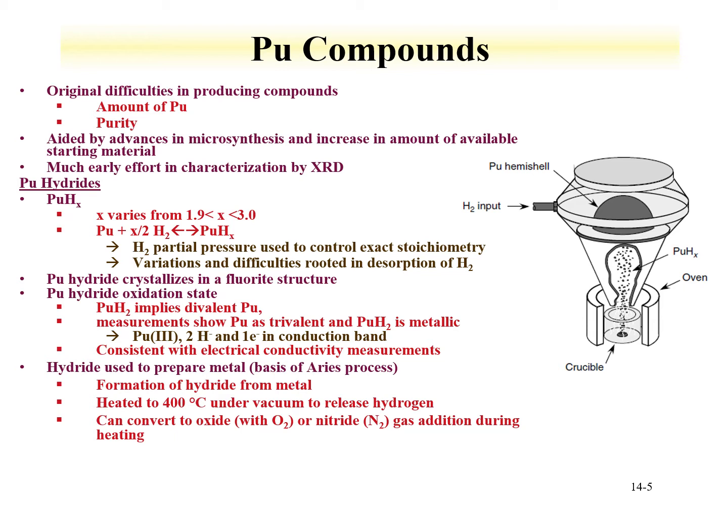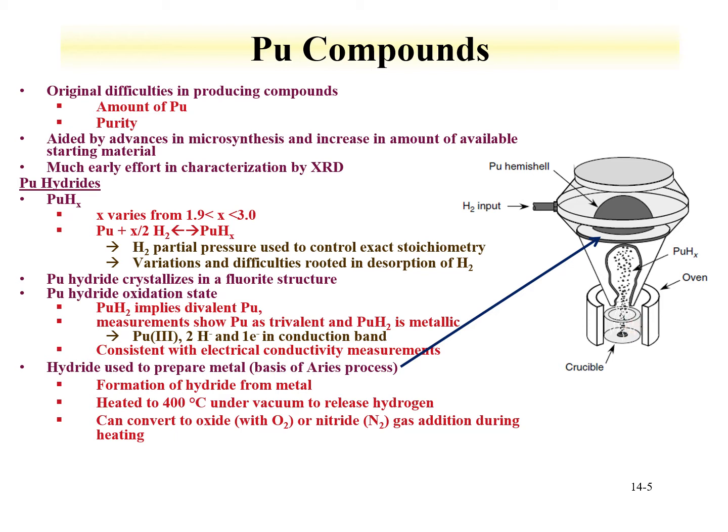And here's an example of the Aries process, which is shown here, where a plutonium metal will be treated with hydrogen. The plutonium hydride is formed. The plutonium hydride flakes away from the metal, so the plutonium hydride can fall into this crucible.